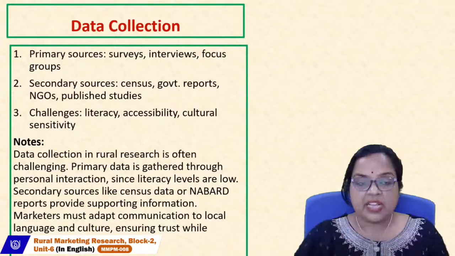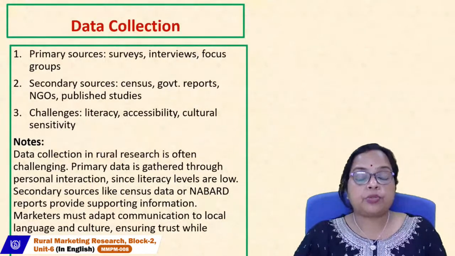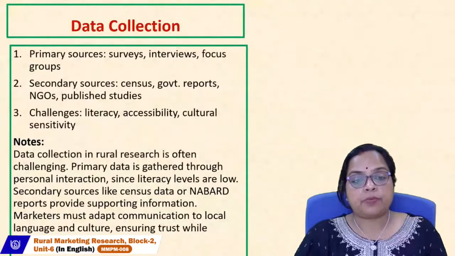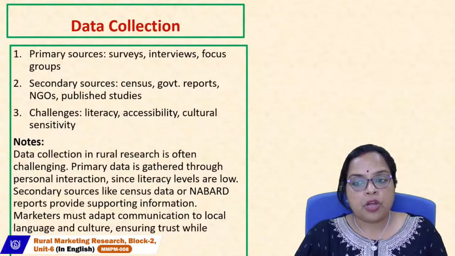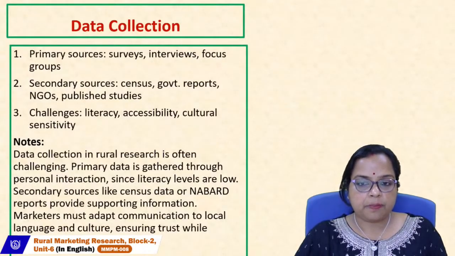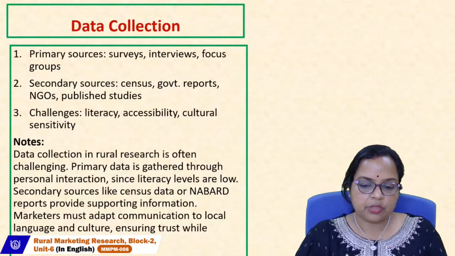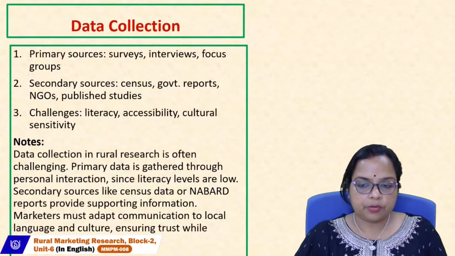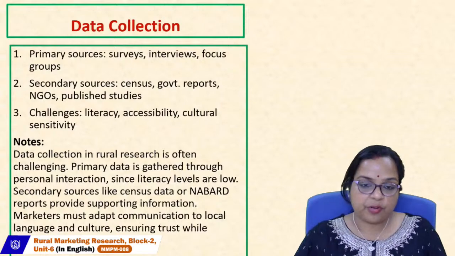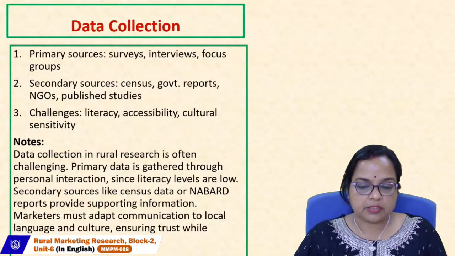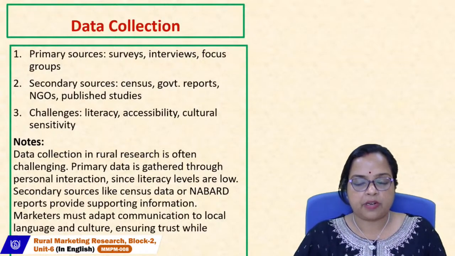Second sources are the data about that particular problem, be it census or government reports or NGOs or published studies. Those who have published the reports on your research problem. Let's say you are researching the solar lantern, and why the solar lantern of your company is not having a good response in a particular zone.